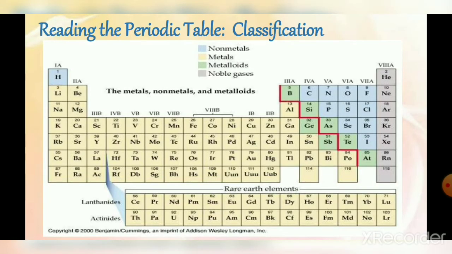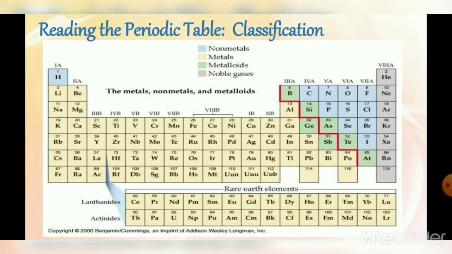Now we are going to learn about reading the periodic table and some classification. Students, 118 elements are shown in this periodic table, and with the different color shades you will notice which are the metals, non-metals, metalloids and noble gases.